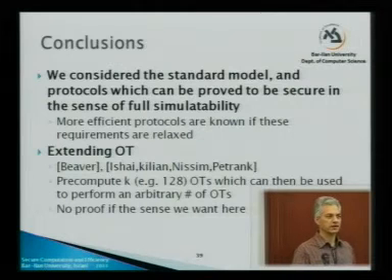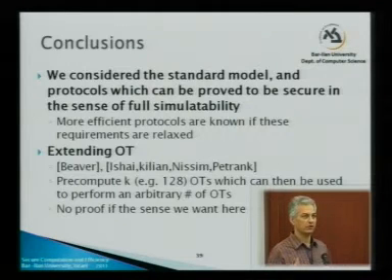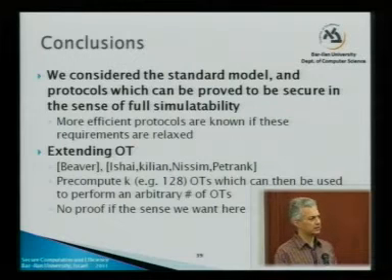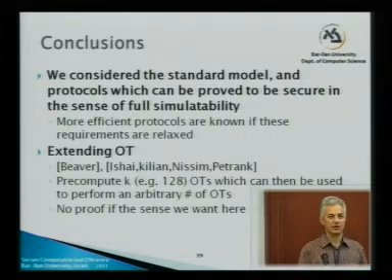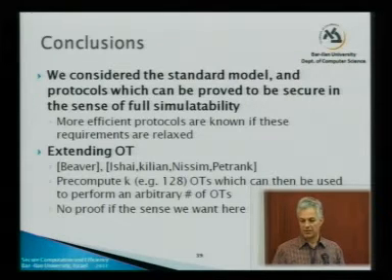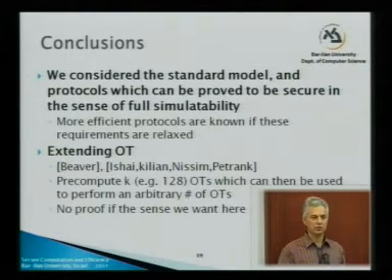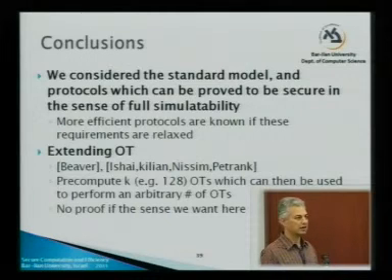If you want to do many Oblivious Transfers, you first compute K of these, where K is some computational security parameter, say K is 128. And then you can do essentially as many Oblivious Transfers as you want for free. For free meaning just doing private symmetric key operations and exclusive ORs. So you pay in the beginning to do, say, 128 Oblivious Transfers, and then the rest you get for free.